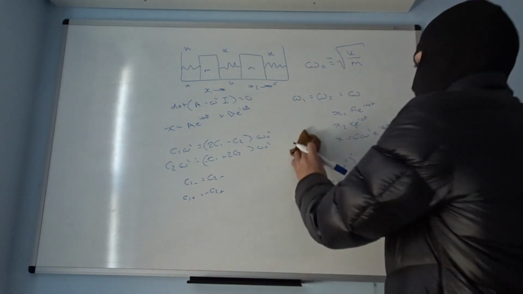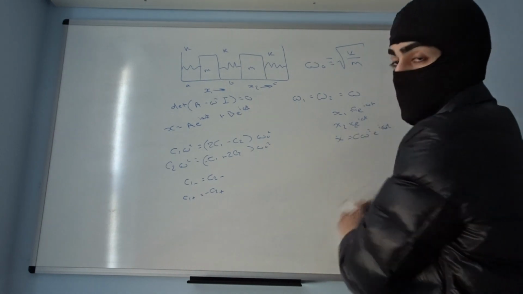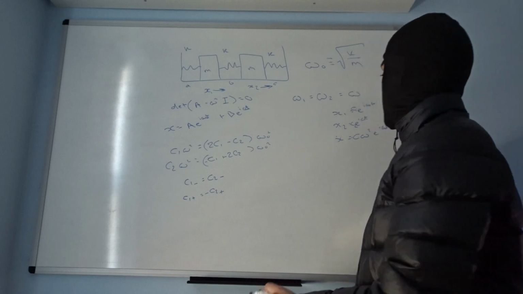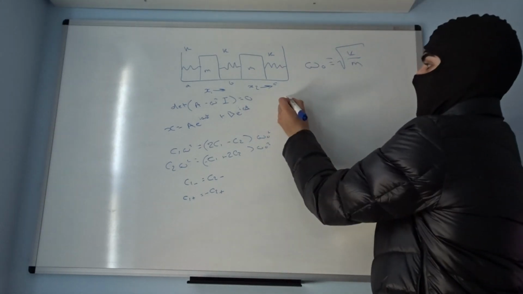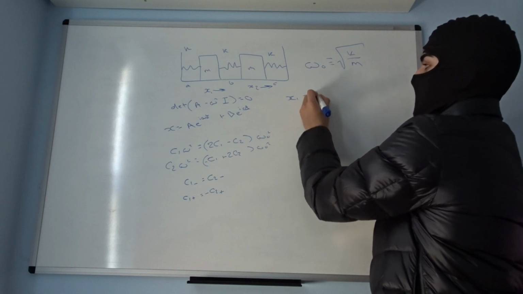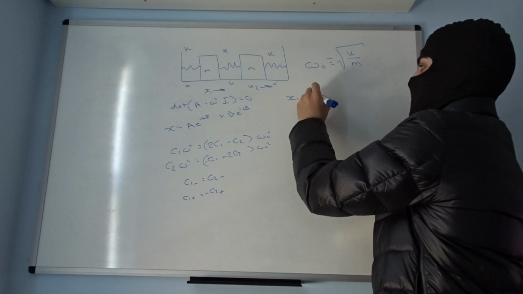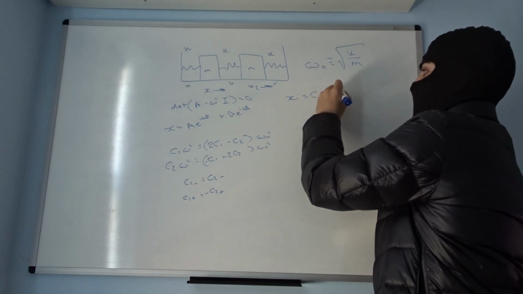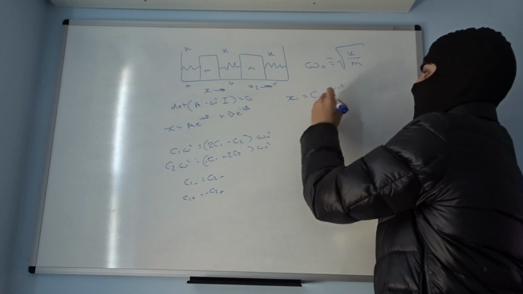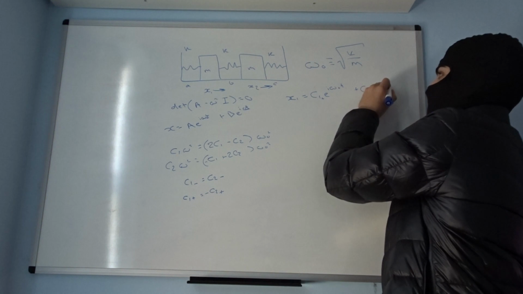So now we can build the final general solution that describes the motion of a coupled harmonic oscillator. So x1 equals C1 plus e^(i omega plus t) plus C1 minus e^(i omega minus t).